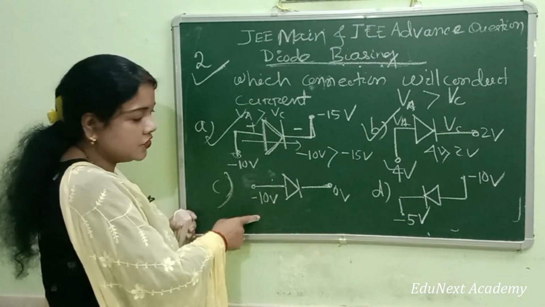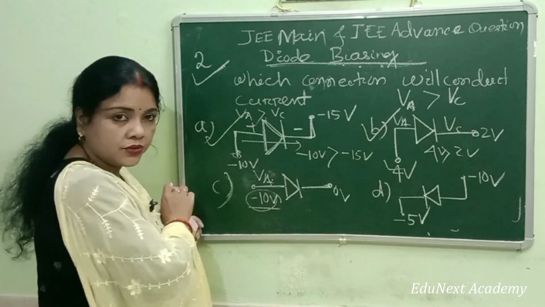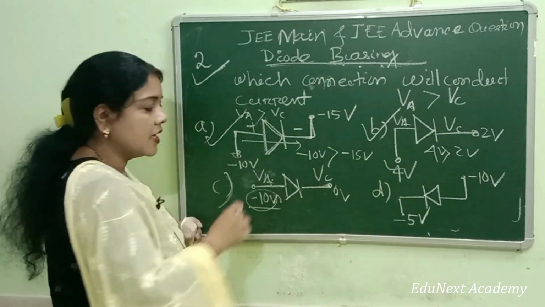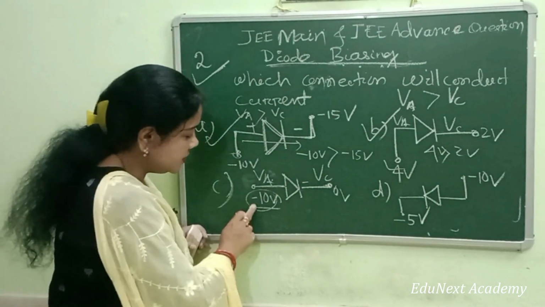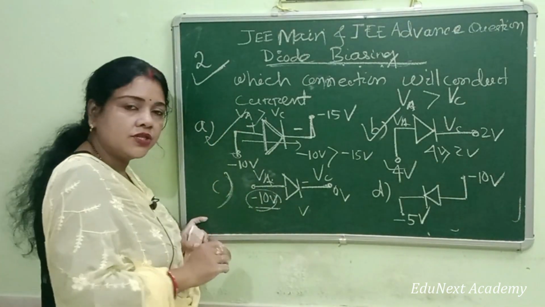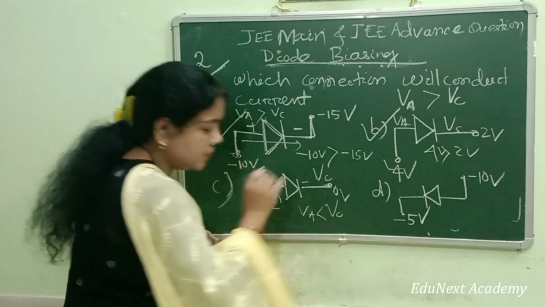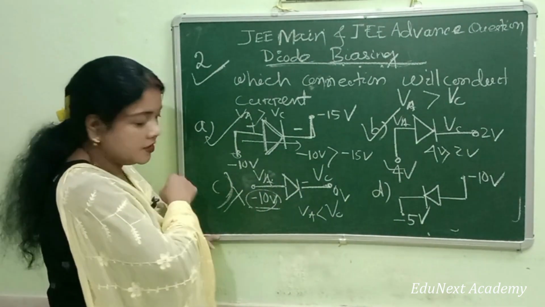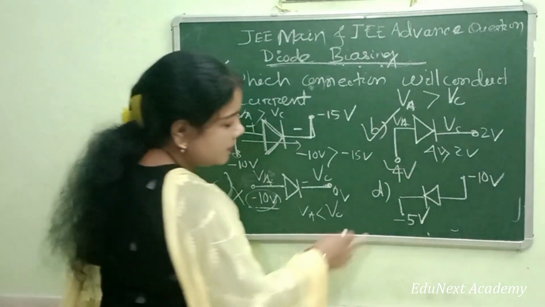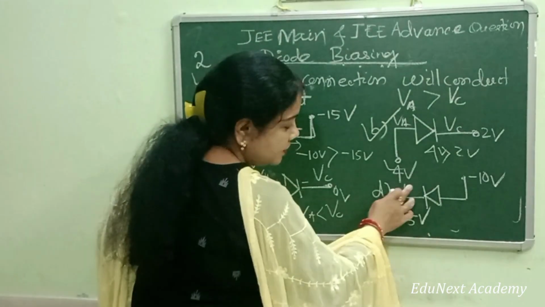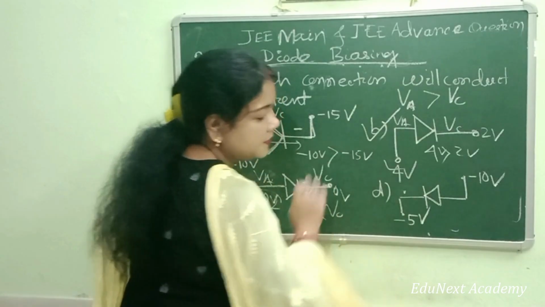Now let us see C. Here VA is minus 10 volt and VC, the cathode voltage, is 0 volt. Obviously minus 10 is less than 0, so VA is less than VC. That means condition C will not conduct the current across the diode. Now here, the question has just inverted the diode.